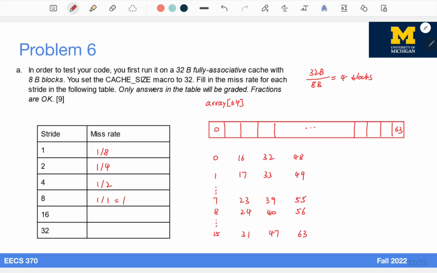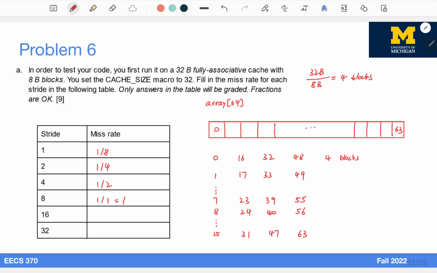So probably you have noticed that previously we would access 8 different blocks in every inner loop. But this time, in every inner loop, we only access 4 blocks, which exactly fit in our 4-block cache.